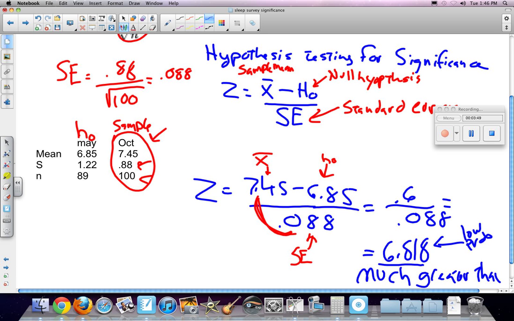If we'd gotten something like 2.1, we set our cutoff at 1.98. This is greater than 1.98, so this difference between these two, we would say, is statistically significant.